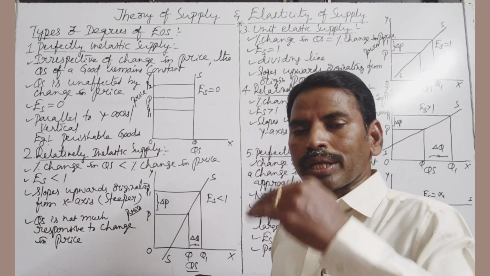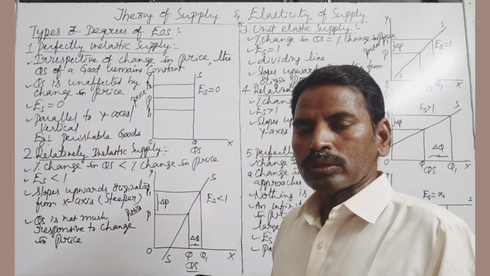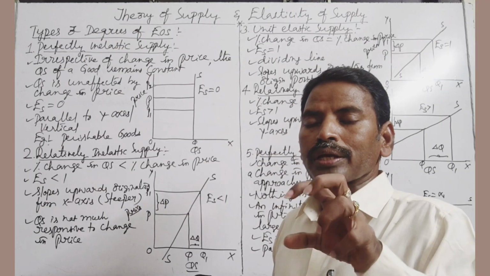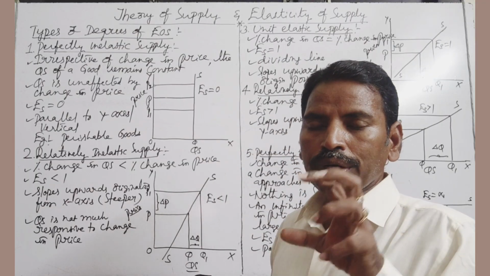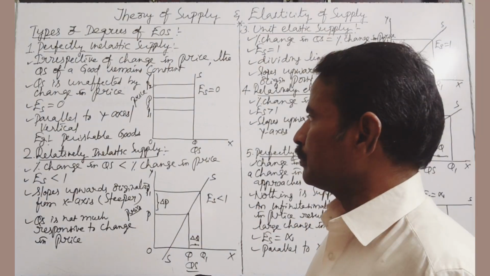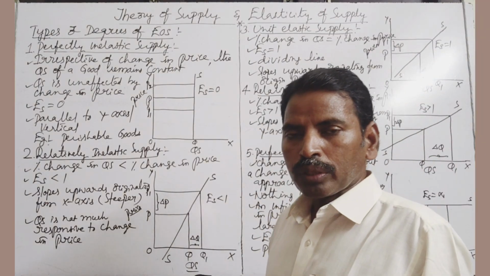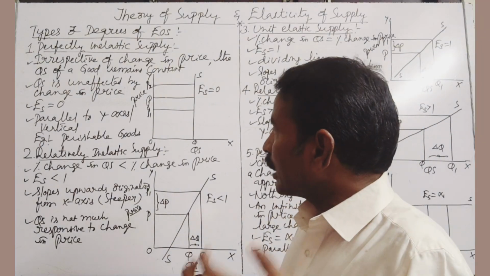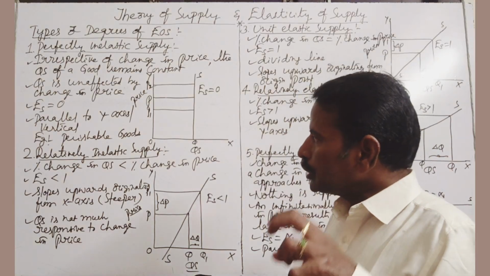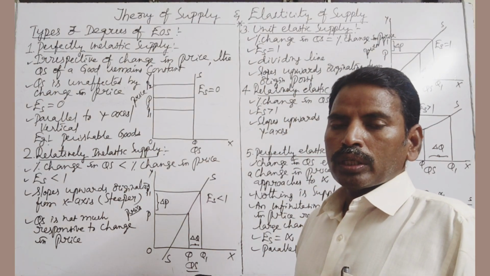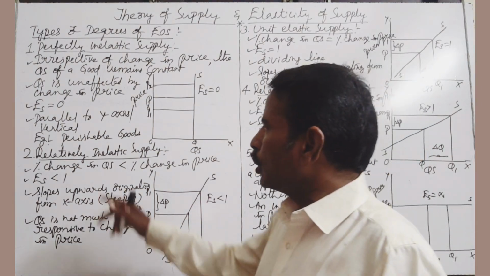So, price increases, price decreases, quantity supplied does not respond. That means quantity supplied is unaffected by change in price. Coefficient ES is equal to 0.